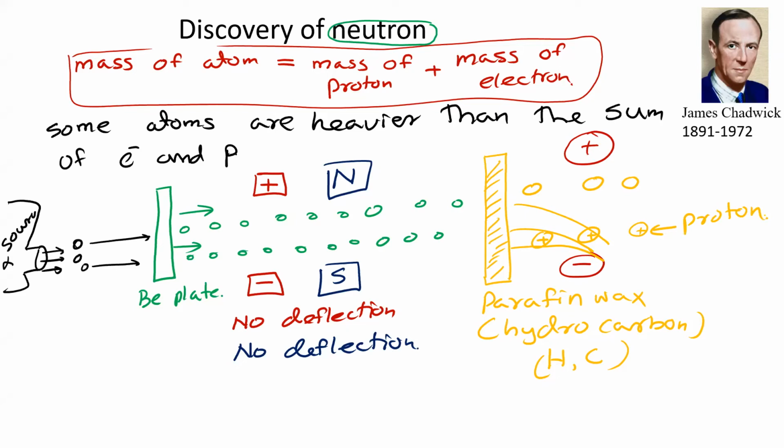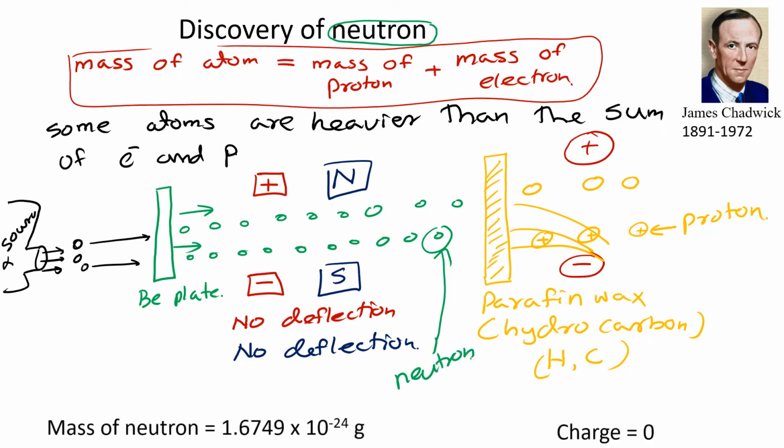They identified the particle that came from the paraffin wax as the proton, and the particle that came from the beryllium plate as the neutron. Much later, after experiments, they found the mass of the neutron. And you can see the mass of the neutron is a pretty similar value to that of the proton.